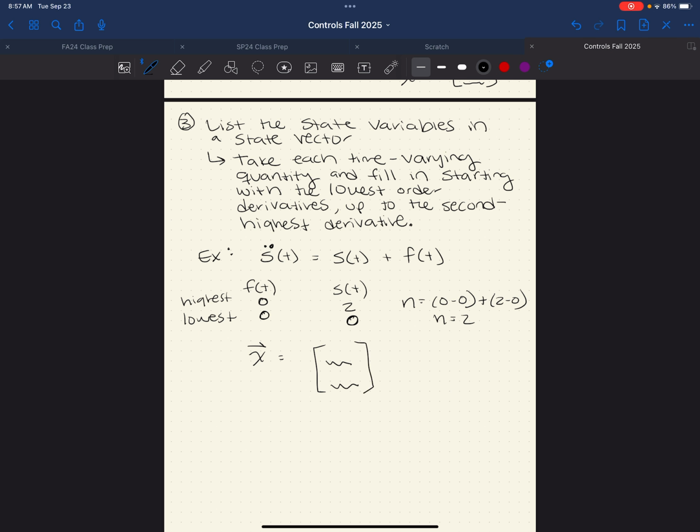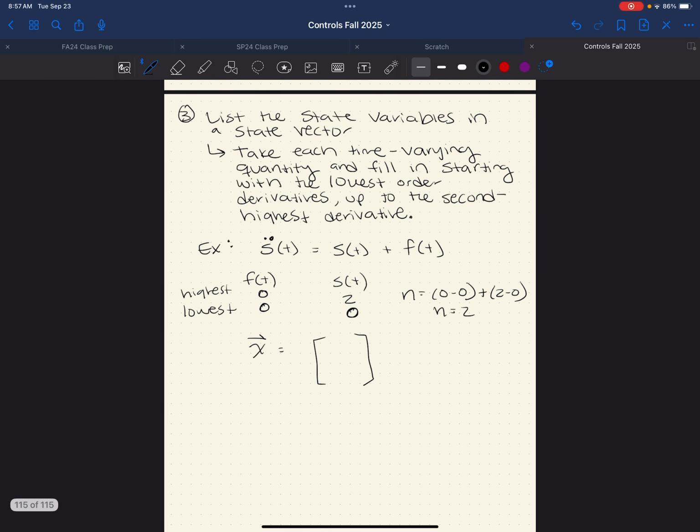Now I need to figure out what those quantities are. So let's start with our s variable, and we will fill in our lowest order derivative up to our second highest order derivative. So my lowest order derivative of s is that 0th order, so I just have s. Then if I go up 1, I have s dot, and I do not include the highest order derivative, so I do not include s double dot. Now, do we need to include any f's in this state?